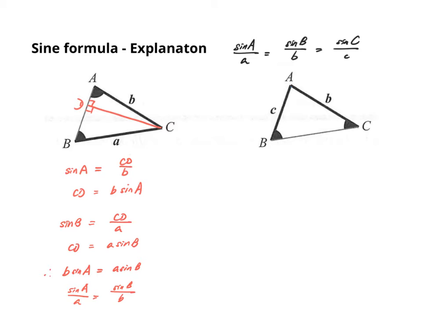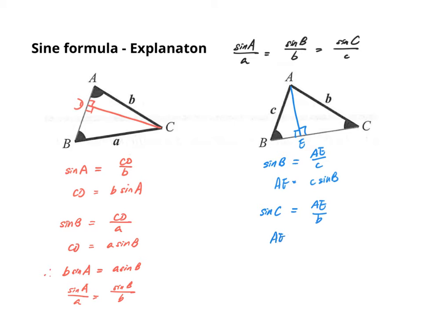Now we prove the second half of the formula. We draw a perpendicular line from A to BC and meet at E. In triangle ABE, sine B is equal to AE over c. So AE is equal to c times sine B. In triangle ACE, sine C is equal to AE over b.